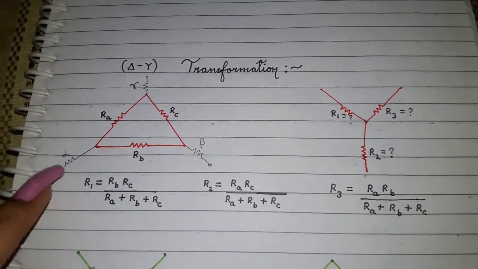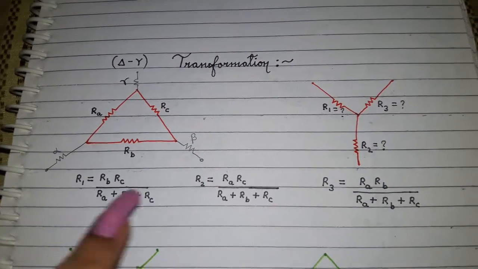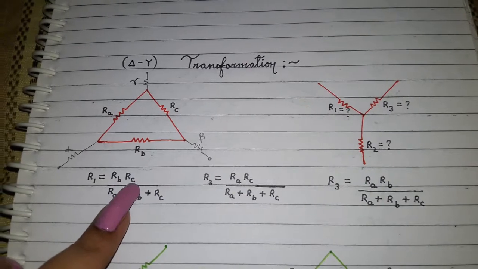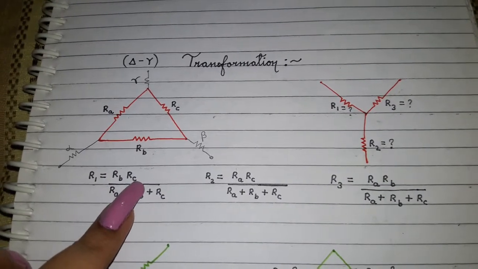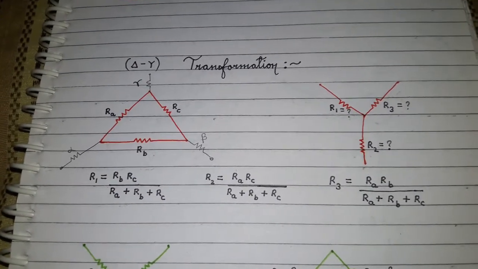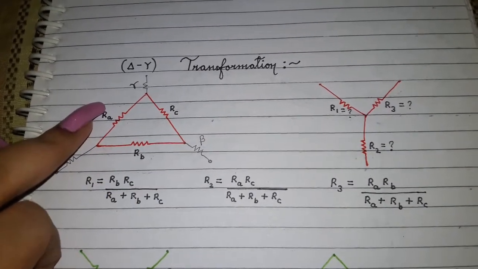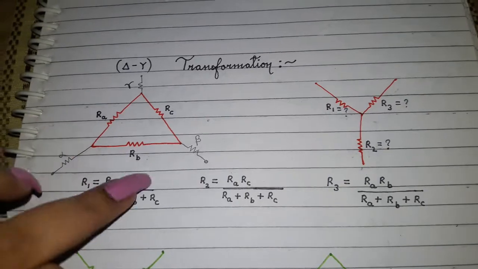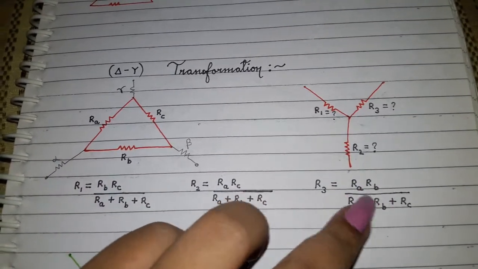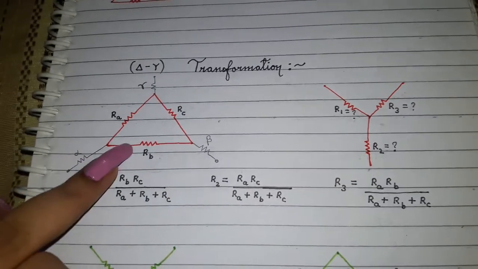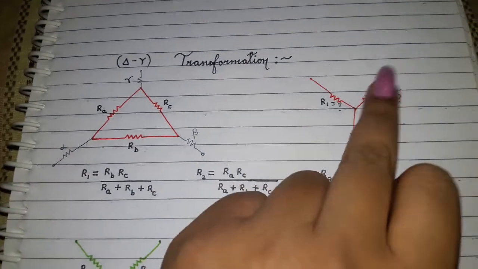These are attached as per the formulae. The funda that we use to remember the numerator, the same funda would be applied. If it is connected to RA and RB, as you know RA and RB were in the numerator regarding R3, so this alpha would be connected to R3.